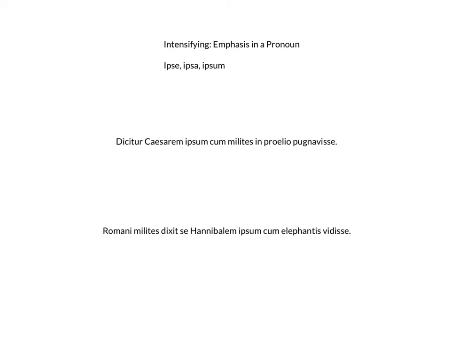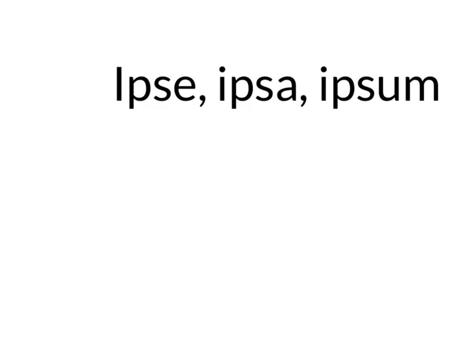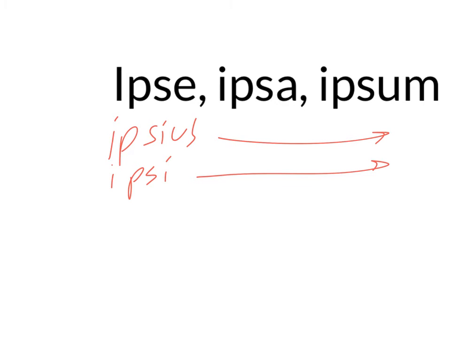All right, you'll note here the form is a bit different. It's given right here, ipsa, ipsa, ipsum. You'll note that these are not like the personal pronouns, but they're much more like illa, illa, illud. So this one in the genitive is ipsius all the way across, ipsi all the way across, and then you get your ipsum.